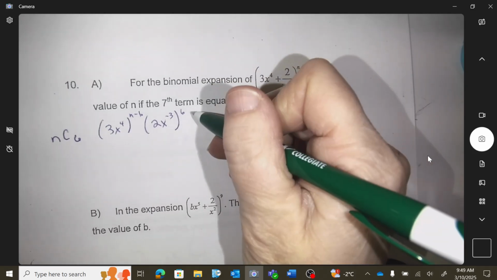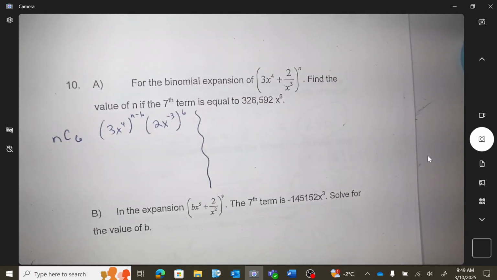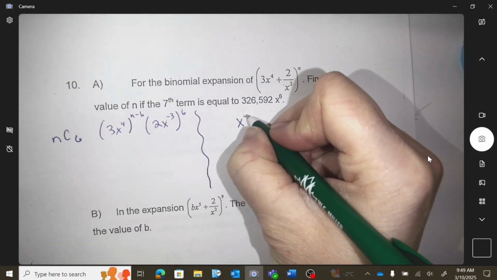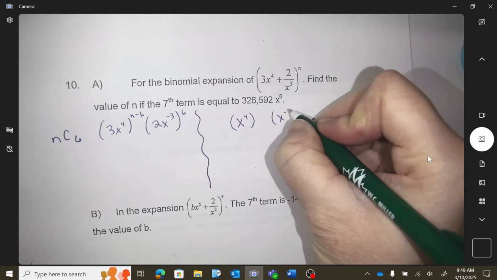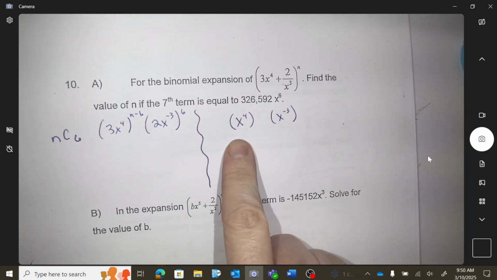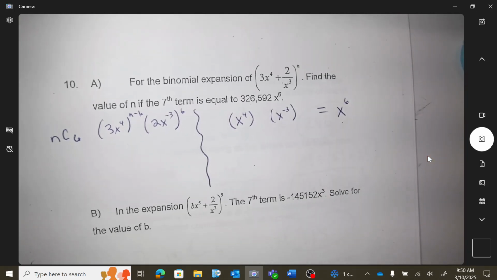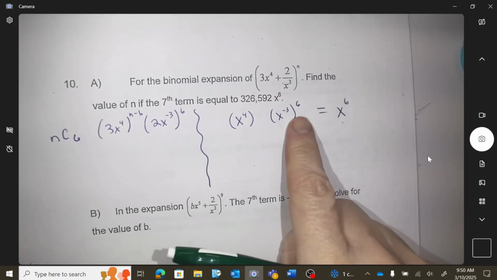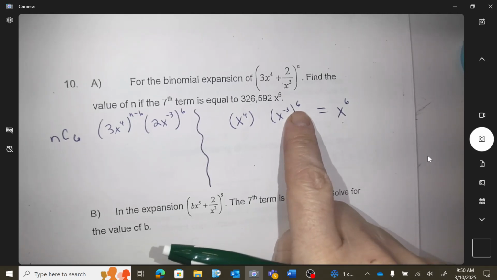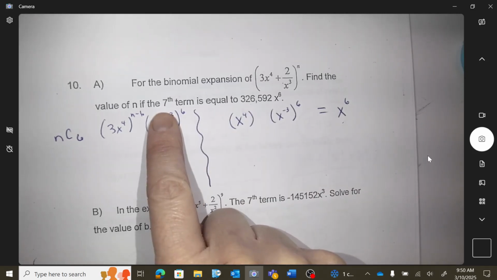So, what do you think I should do instead of trying to do the whole formula? Just x stuff. So let's see what we can do here. Just x stuff, want to get just that x stuff. Okay, I did know that that would be a 6. I did know that because of the 7th term.